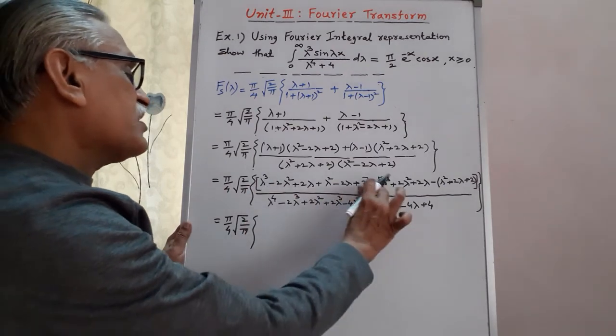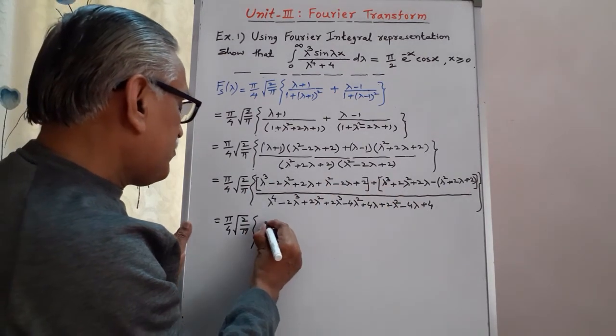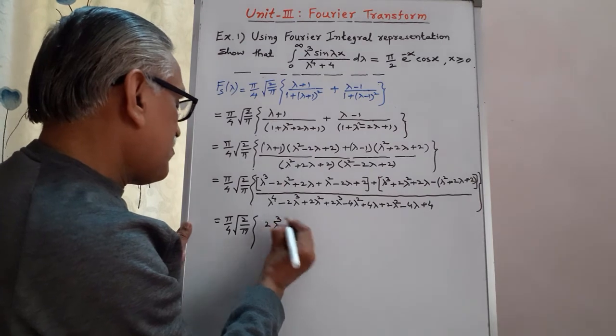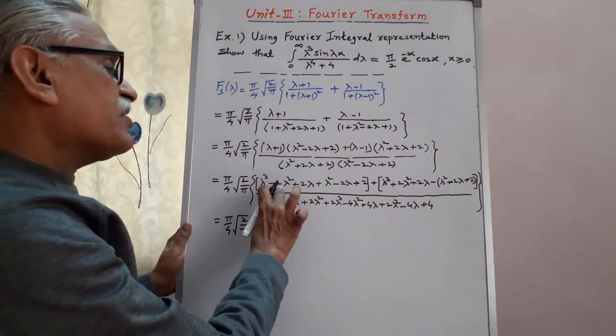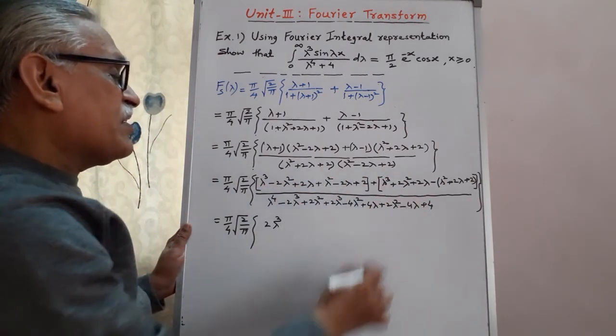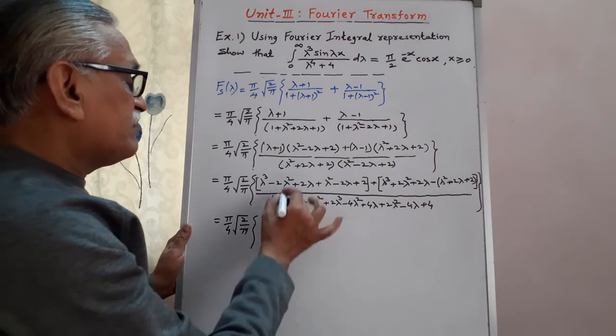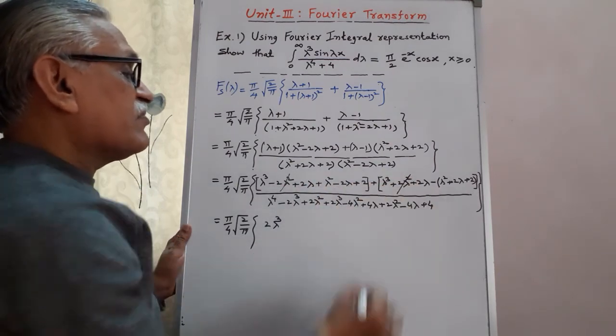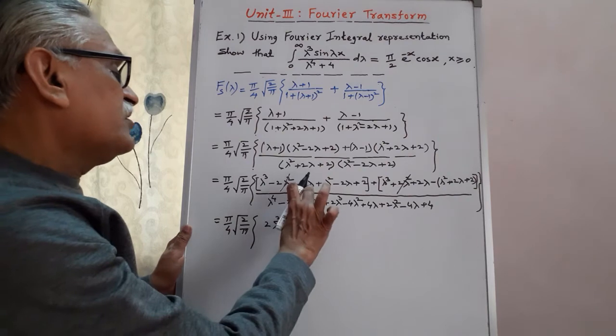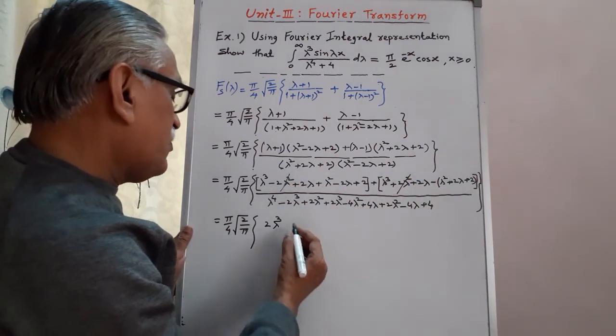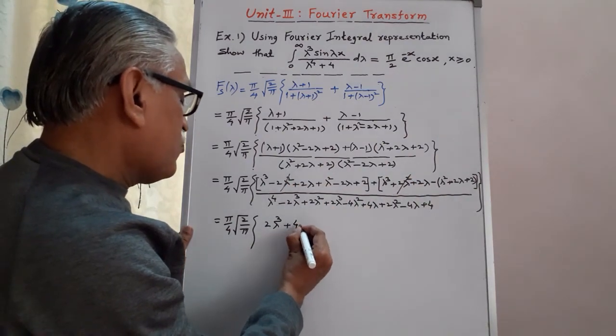Lambda cube plus lambda cube, we get 2 times lambda cube. Minus 2 lambda square plus 2 lambda square get cancelled. Okay. This 2 lambda plus 2 lambda, we get 4 lambda.